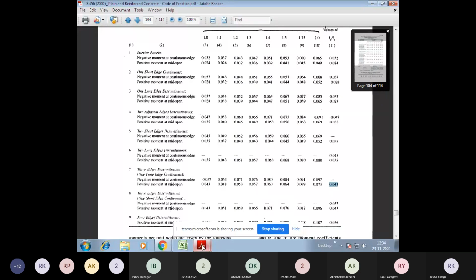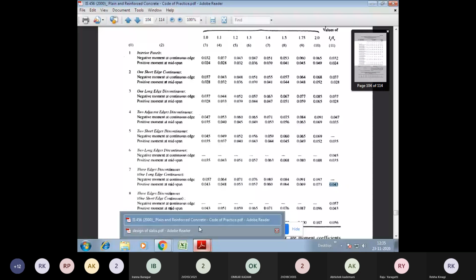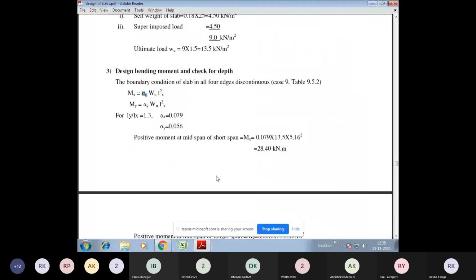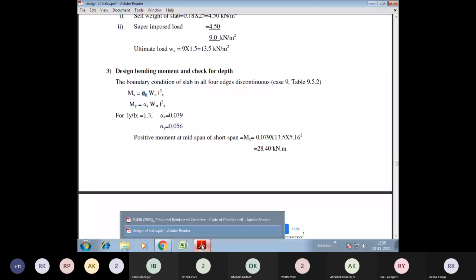Depending upon the case selected, we need to consider the moment calculation. Please make note, depending upon the case given in the numerical, we need to proceed with the alpha x and alpha y values and the calculation of bending moment.